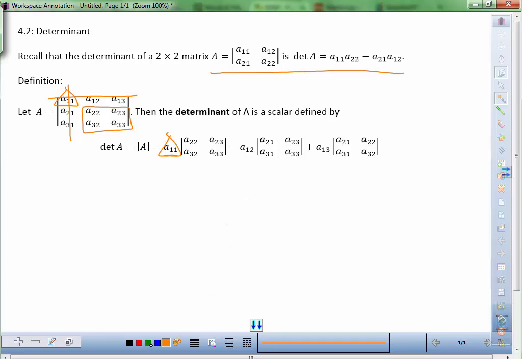So the next step is, if you're running along the first row, your next element in the row is the 1 by 2 entry, and if you cross out the row and column where it resides, what you have left is another 2 by 2 matrix that you're going to find a determinant of.